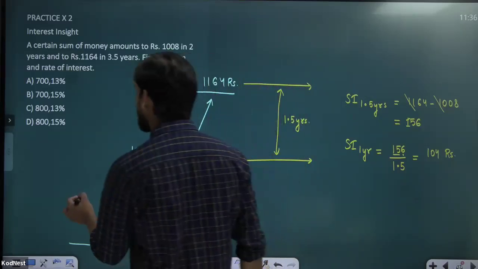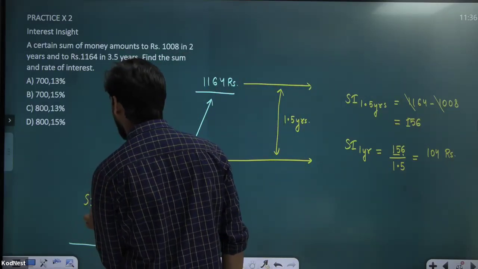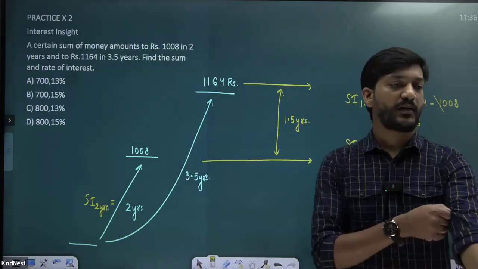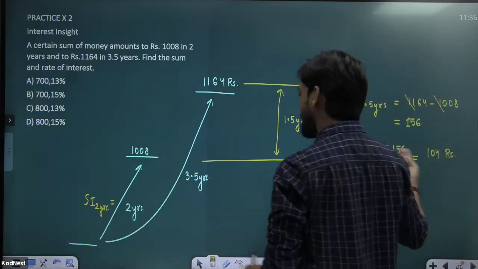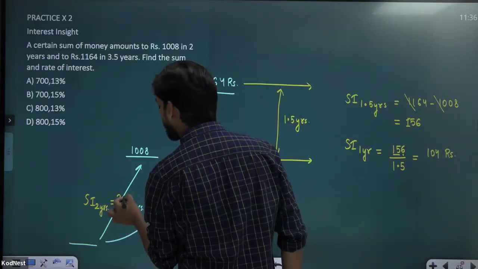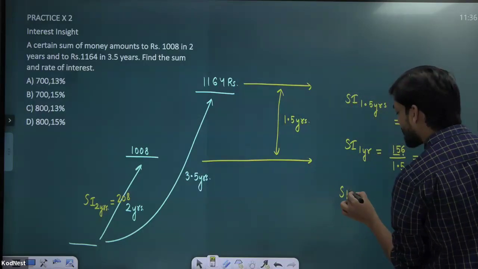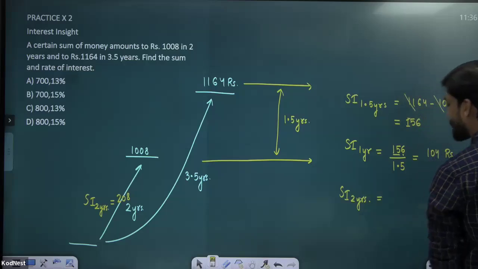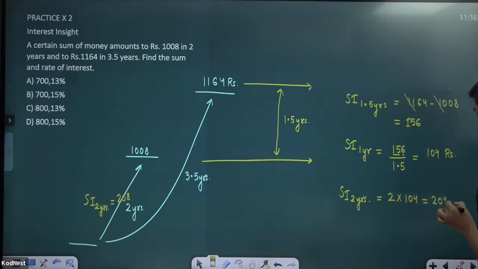So 2 year interest will be how much? I want for 2 years. Twice of this will be 208. Okay, let me write here also. Simple interest of 2 years equals 2 into 104, 208.